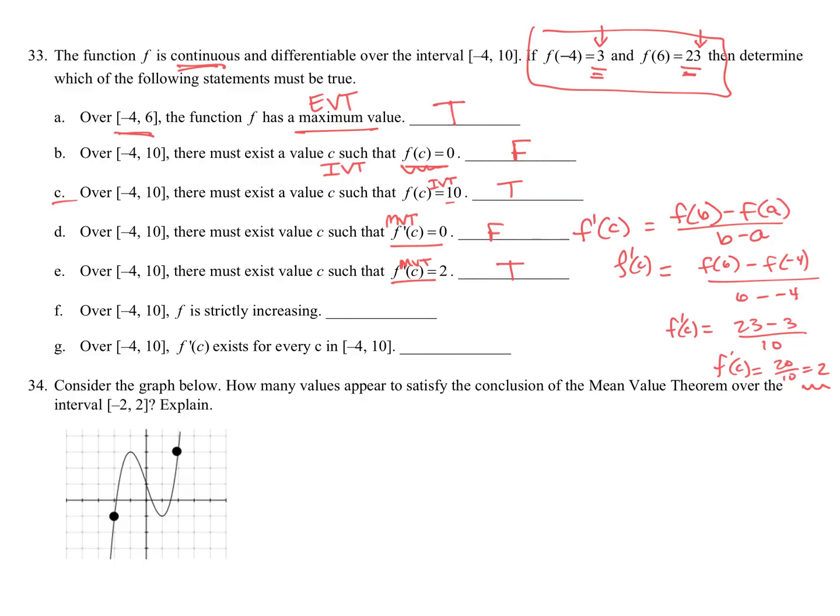All right, guys, so that was all about theorems. We had our extreme value theorem, our IVT, intermediate value theorem, our MVT, mean value theorem. And the next one's going to be about, is f strictly increasing? I don't know.